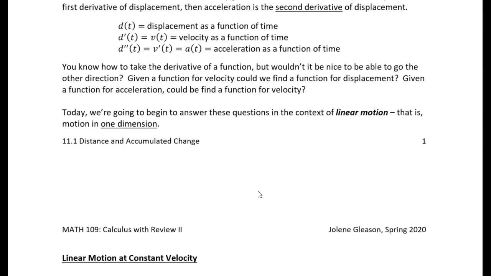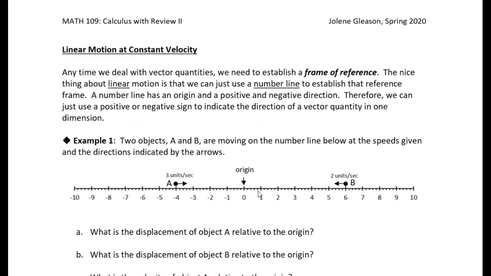All right, now, whenever we're dealing with motion and vector quantities, we have to establish a frame of reference. And when we're limiting our discussion to one-dimensional linear motion, that's easy because we can just use a number line to establish a frame of reference.